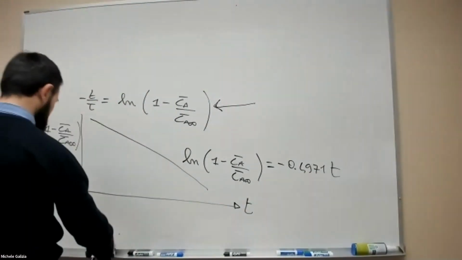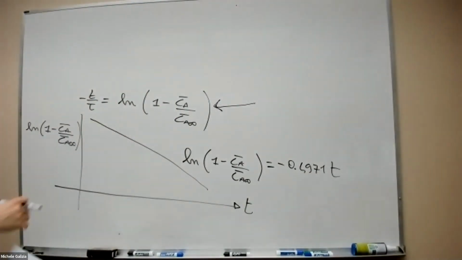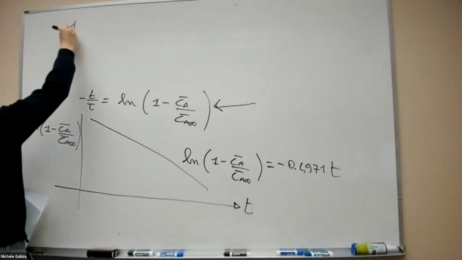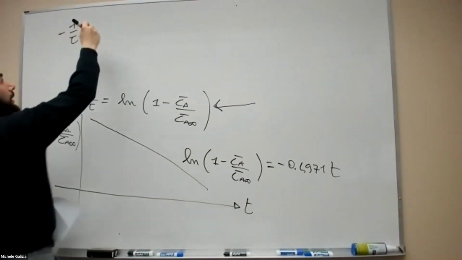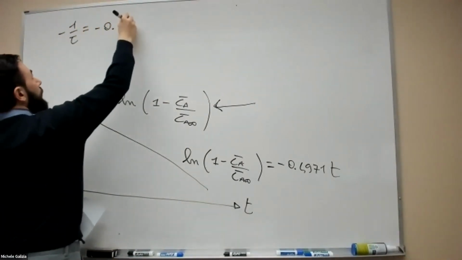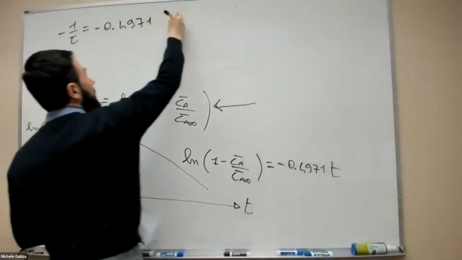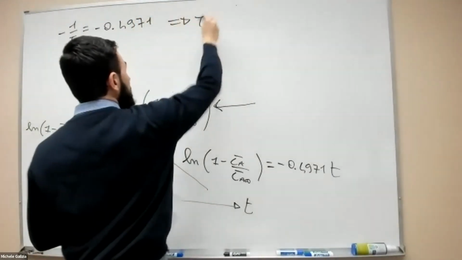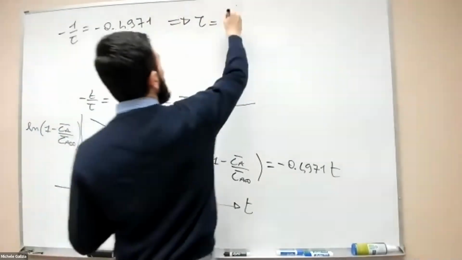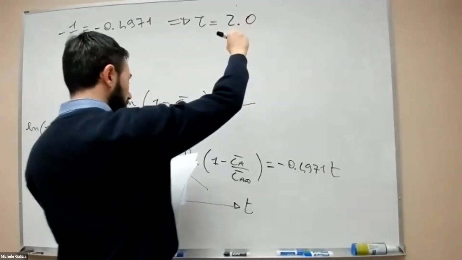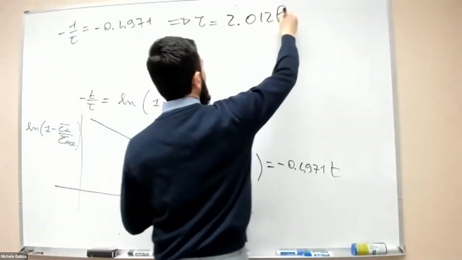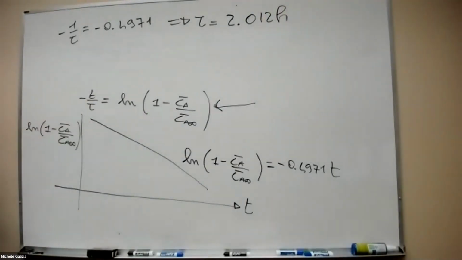So the slope, minus 1 over tau, is minus 0.4971, from which tau is equal to 2.012 hours. Make sense? Yes.